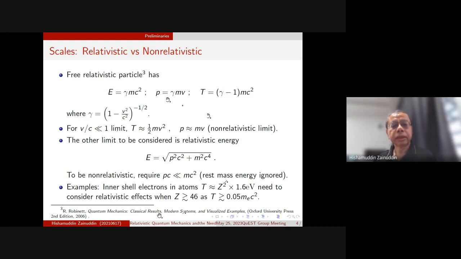In the non-relativistic case, you would want the ratio between the velocity of the particle and the speed of light to be much less than one.